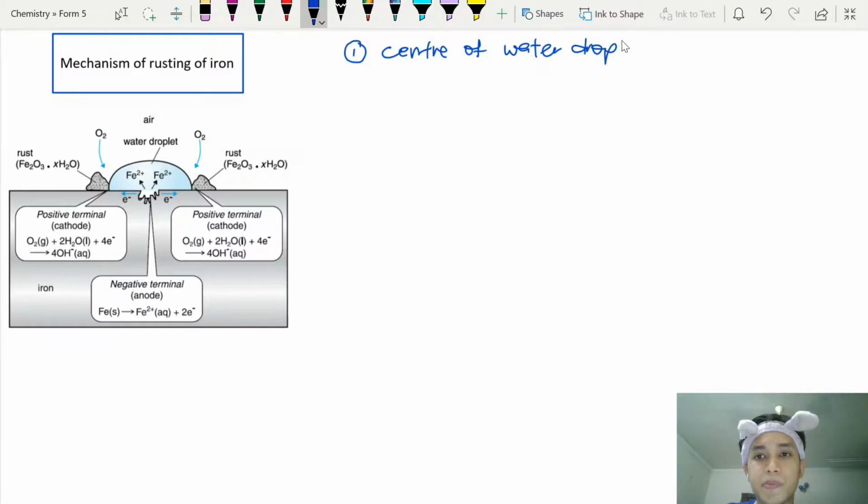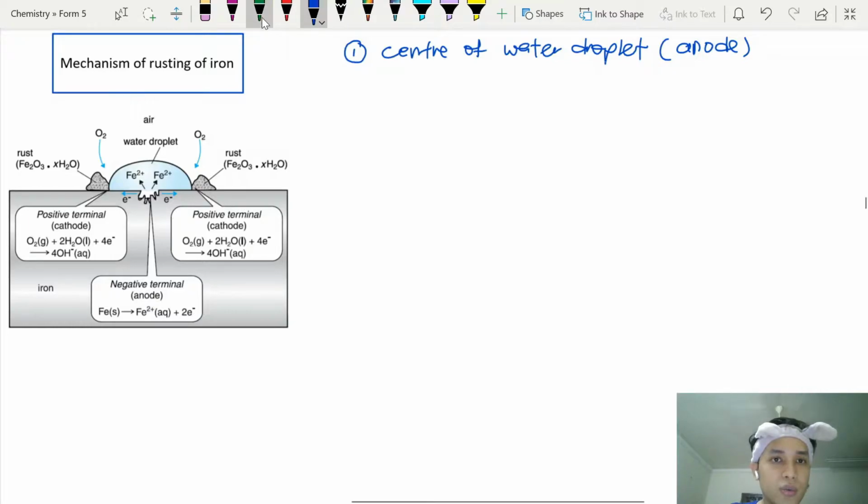The first part we are going to look at is the anode, which is your first stage, right here. One thing I would like to mention is that in order for rusting to happen, you learned since kindergarten or primary school that it needs oxygen and also water.